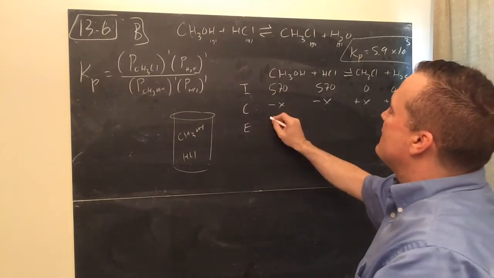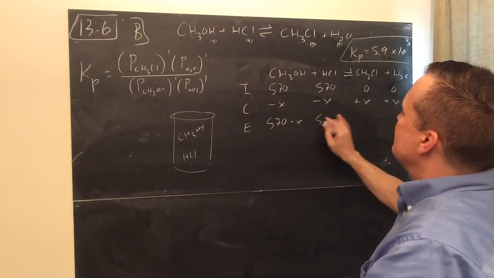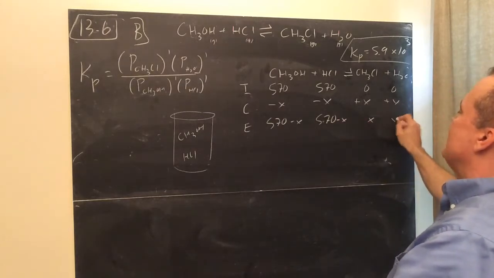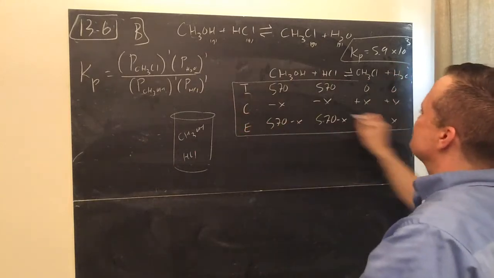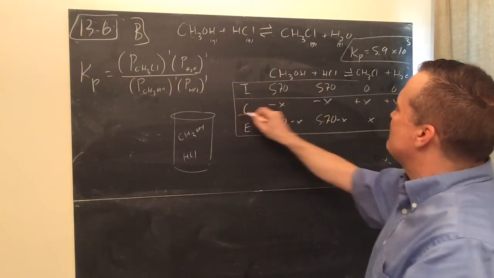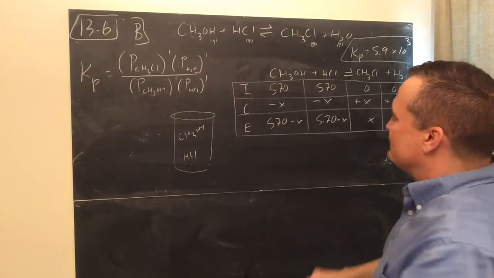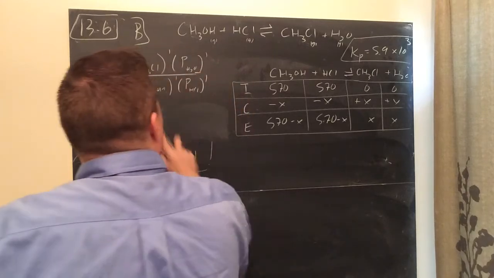So, at equilibrium, you have 570 minus x of this, 570 minus x of that, and you have x of this and x of that. Now, if you even want to make a chart, they call it an ICE chart. You can even do it this way if it helps you to see the numbers better. You don't have to.